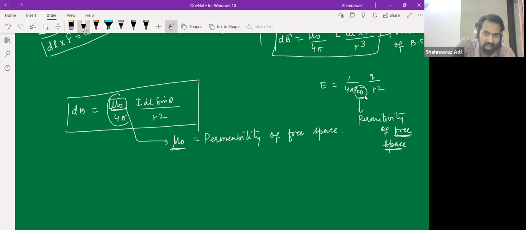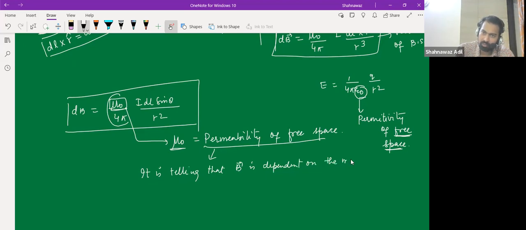If we place the charges in some medium, then the electric field will change, and if we place the current carrying wire in some medium, then the magnetic field will change, right? So this permeability of free space is telling that the magnetic field is dependent on the medium, right? So this is what it is.